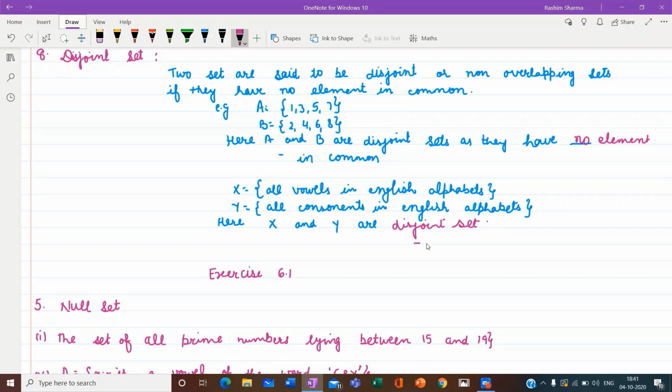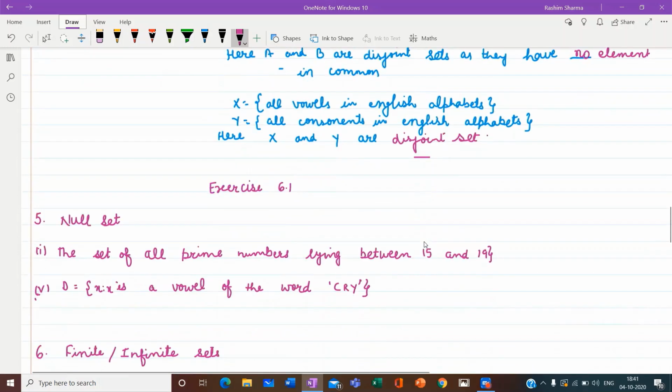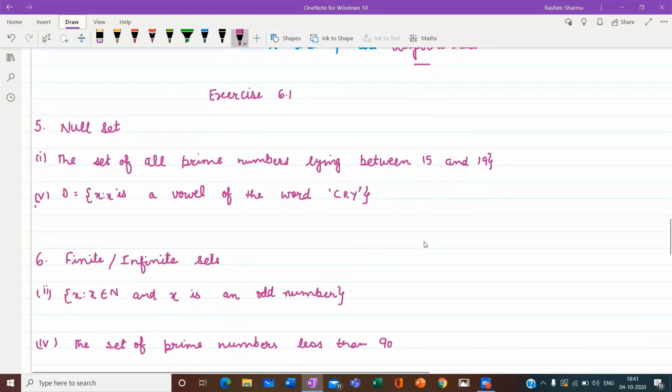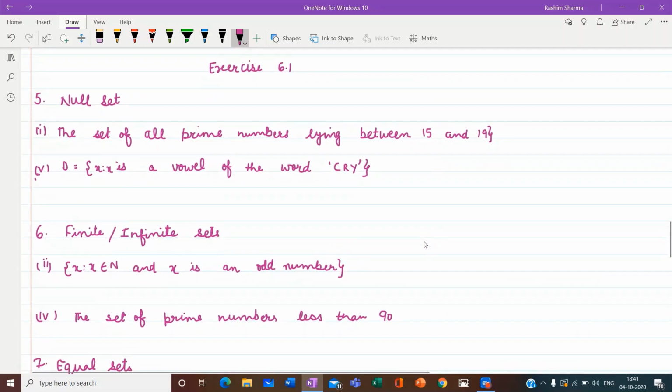Now let us start with exercise 6.1. The first 4 questions we had already done in the previous class. Now we are going to start with question number 5. Question number 5 is we have to find which are null sets. Null set means when there is no element in the set.